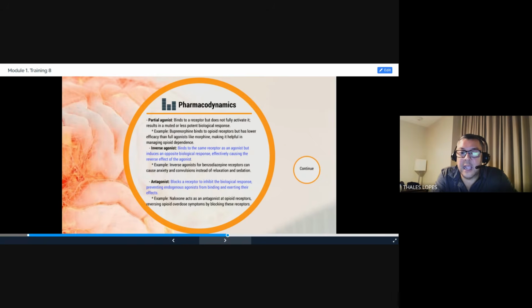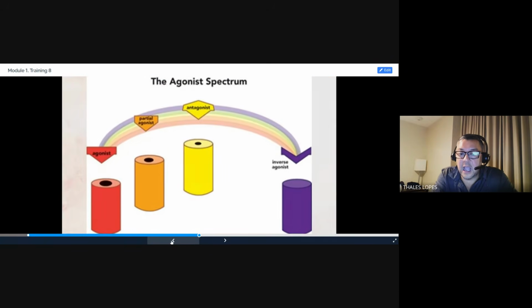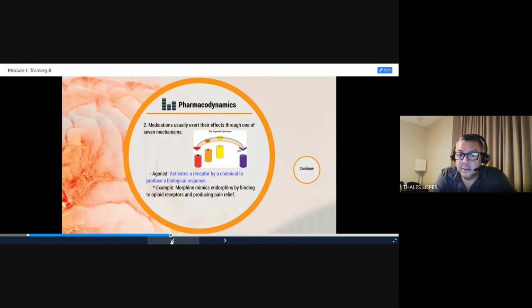Okay, so guys, the point here that you need to know is agonist, right? It produces a biological response, and you need to know this exactly as we're saying here, because this is exactly how it might show up in your test.